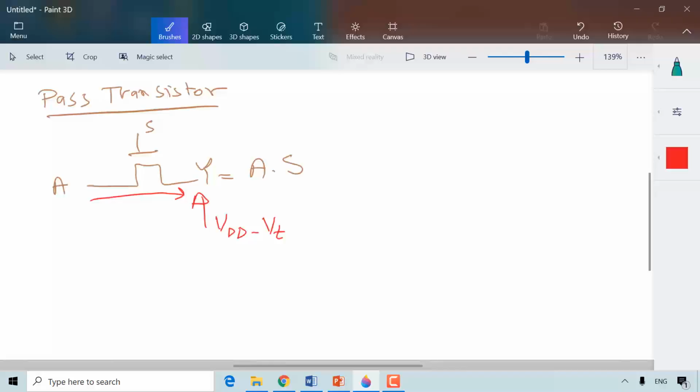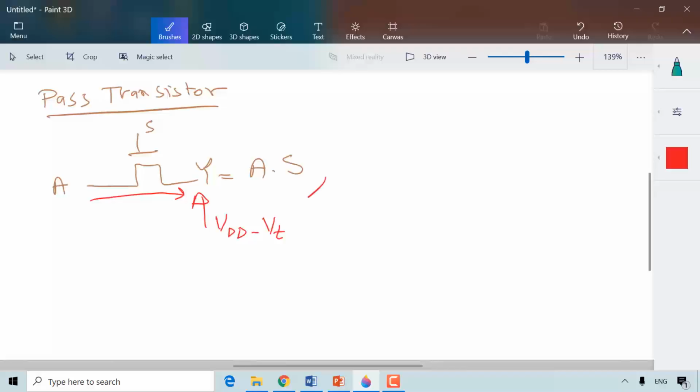It doesn't charge all the way to VDD. It will shut off once Y passes VDD minus VT. So the maximum we can charge to is VDD minus VT.